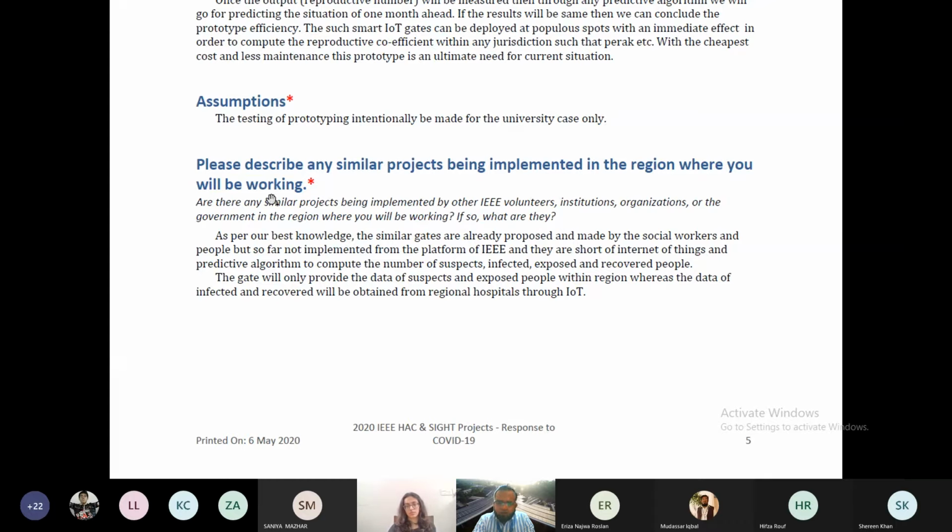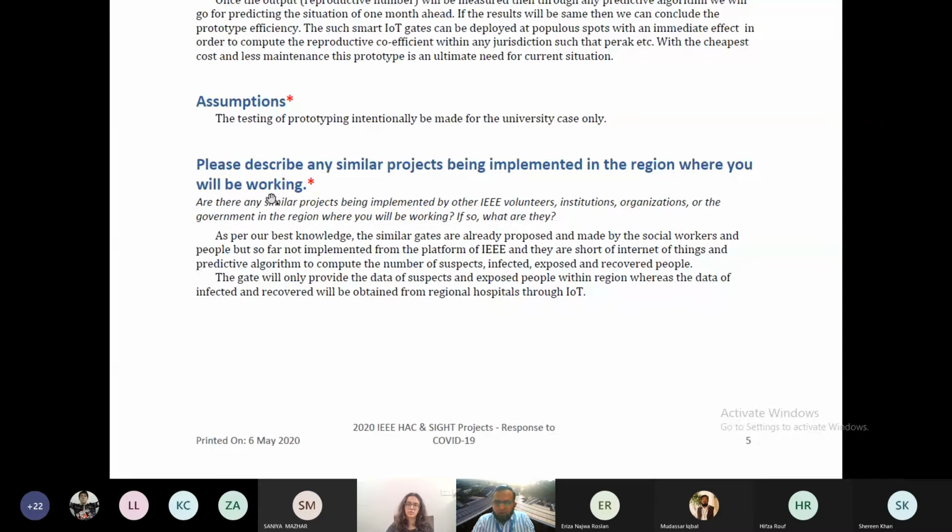So I mentioned that there are many similar gates, like disinfectant gates, already in the market. They are deployed in front of supermarkets, shopping malls, schools or hospitals, but they don't have an IoT feature which will help us know the spread of COVID within the jurisdiction.